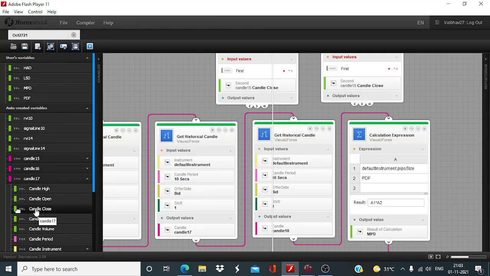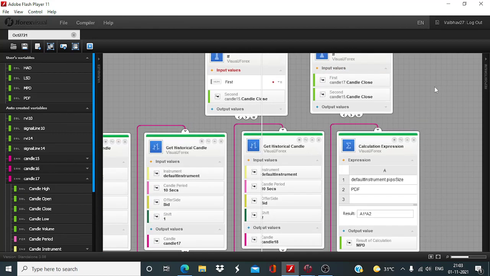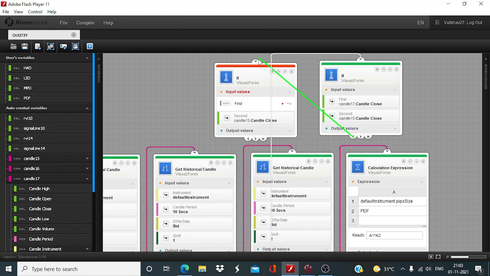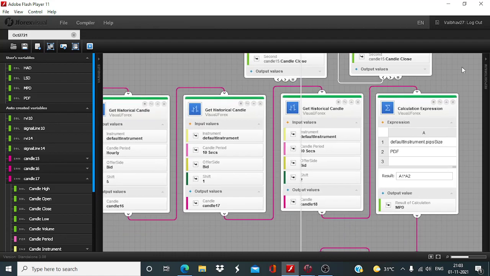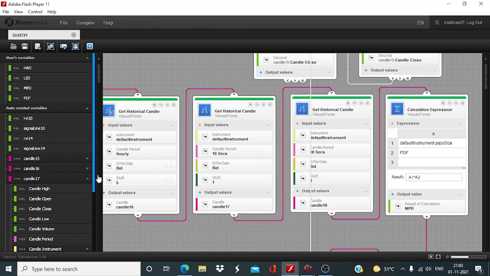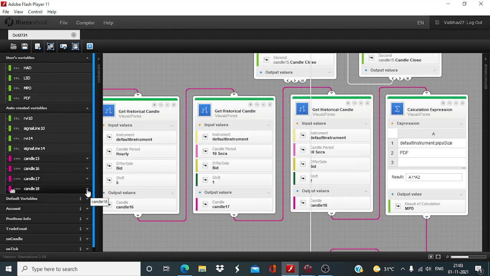Candle 17 candle close needs to have been less than, so first input less than second input, whereas candle 18 candle close will need to have been greater.